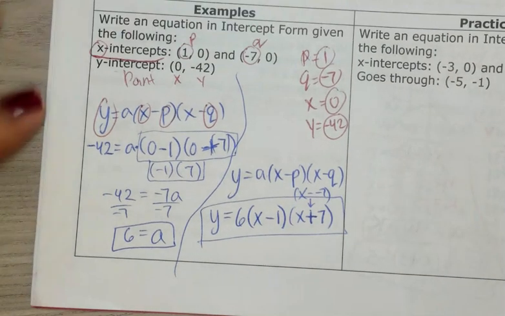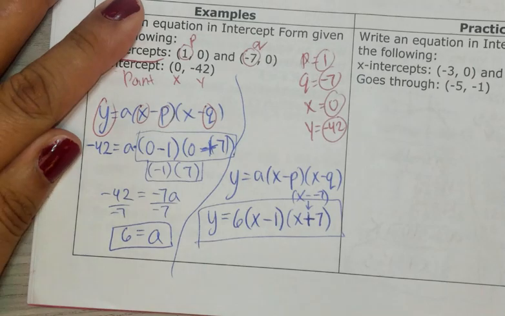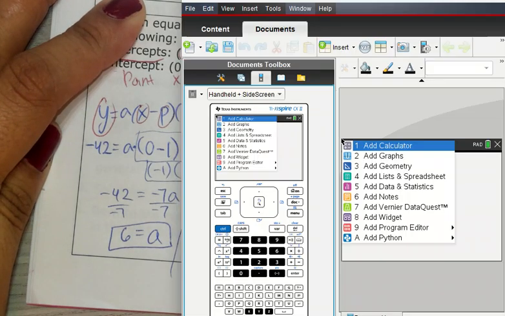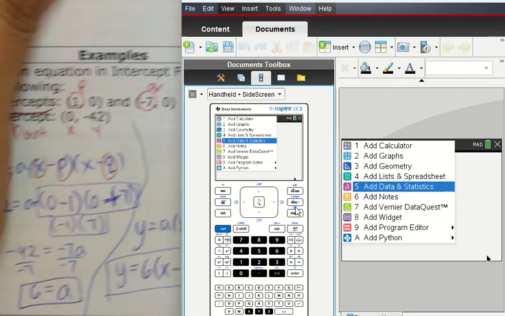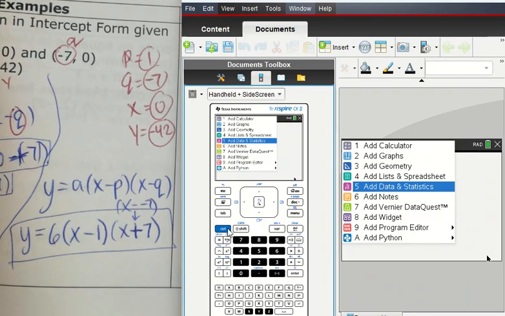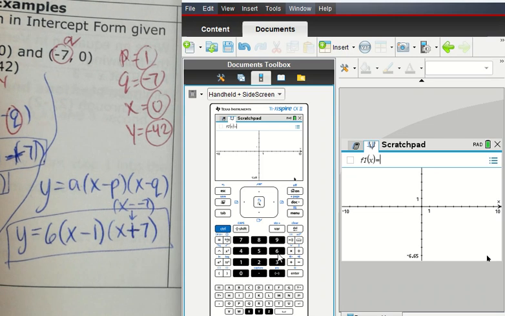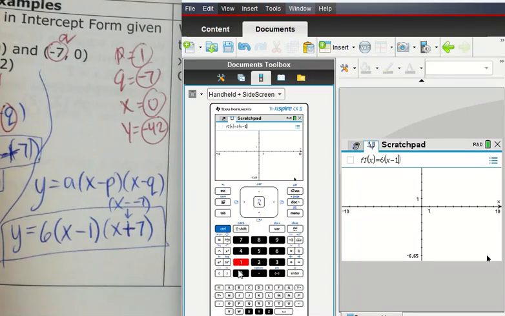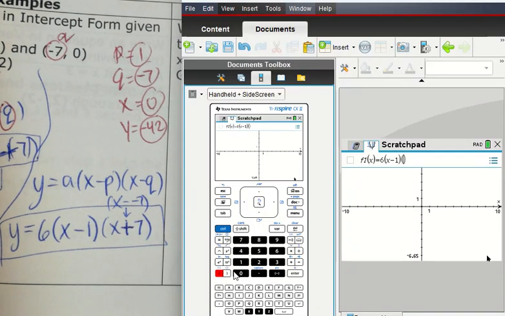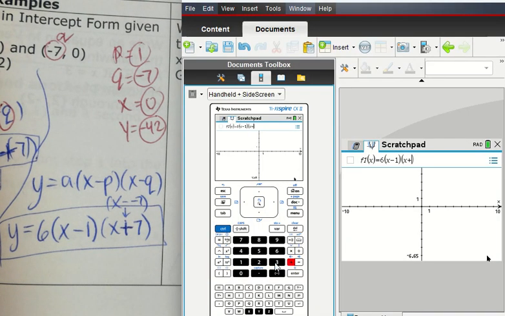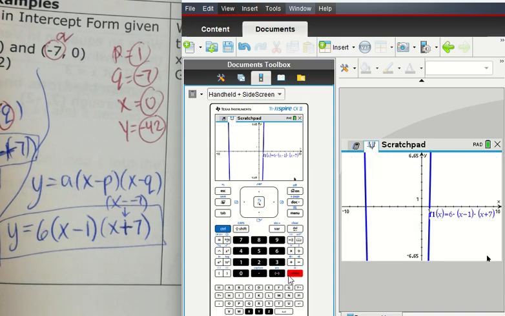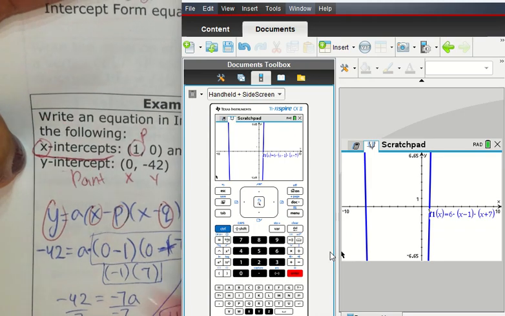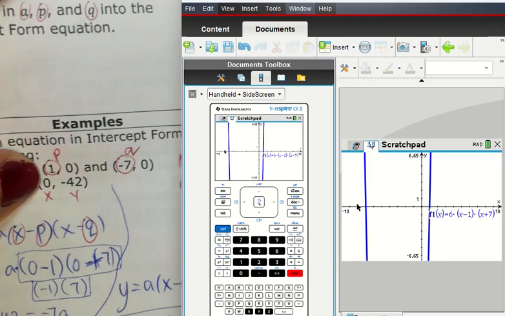To verify that this is right, you can always graph this in your calculator. Let's see. If we type this equation in our calculator, 6 times (x minus 1) times (x plus 7), we're going to verify that we have the x-intercepts given, 1, 0 and -7, 0.